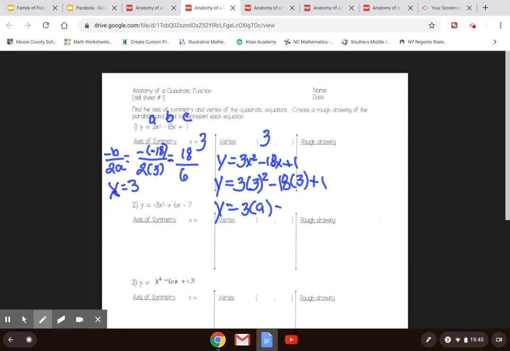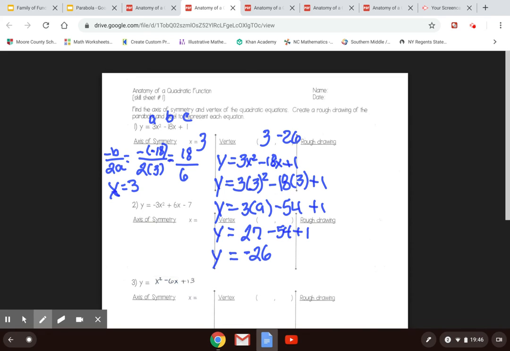And then 18 times 3 is going to be 54 plus 1. All right, so y equals a negative 26. So that means my ordered pair for my vertex, or my turning point for the parabola, is going to be 3, negative 26.